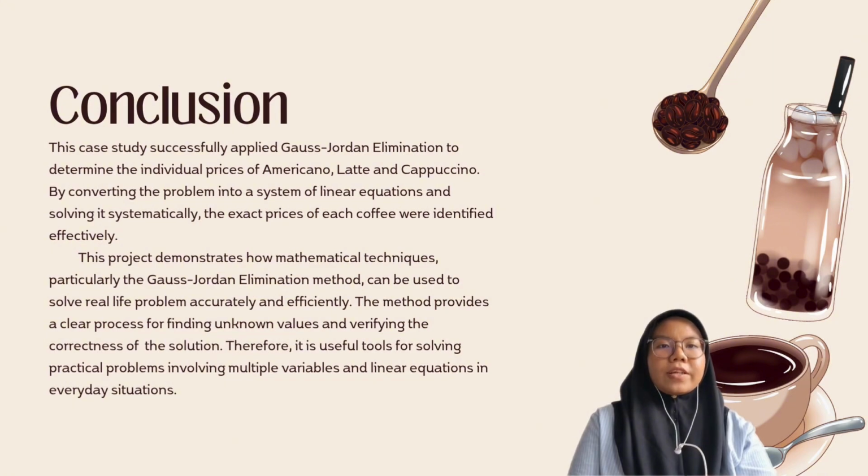This project demonstrates how mathematical techniques, particularly the Gauss-Jordan Elimination Method, can be used to solve real-life problems accurately and efficiently. The method provides a clear process for finding unknown values and verifying the correctness of the solution. Therefore, it is a useful tool for solving practical problems involving multiple variables and linear equations in everyday situations.